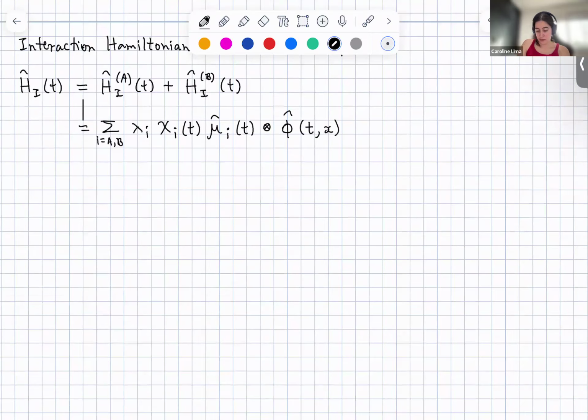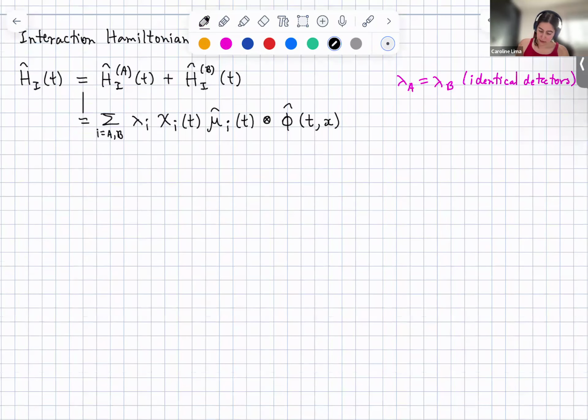But I will consider here that lambda A equals lambda B, which would be true, say, if they are equal detectors. So if I consider them to be identical, exactly. I think the best word would be identical. Okay.